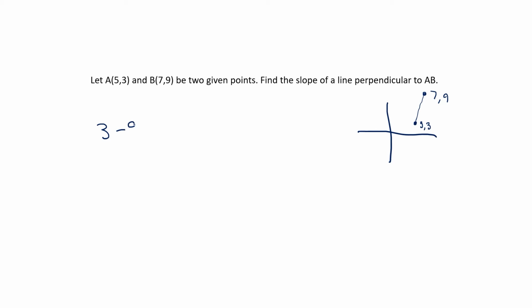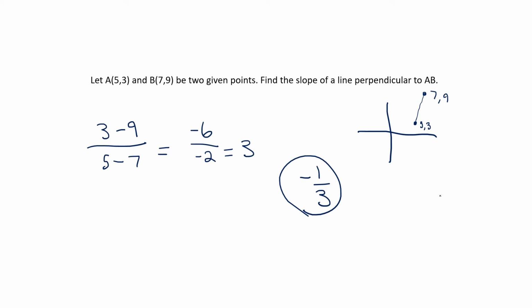So 3 minus 9 over 5 minus 7. Just got to make sure that you keep them in the same order. So 3 is over the 5 in this case. And this is going to give us negative 6 over negative 2, which is 3. Positive 3 is this slope, which means the slope of a line perpendicular to this one is negative 1/3. So that would be your answer.